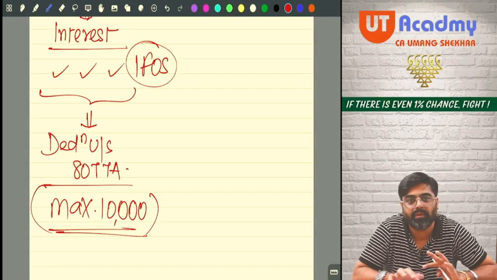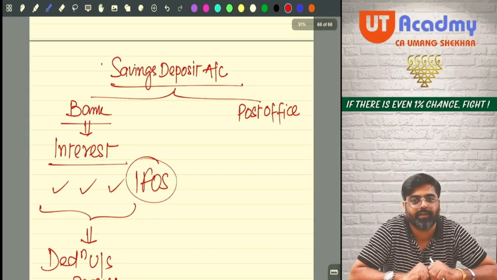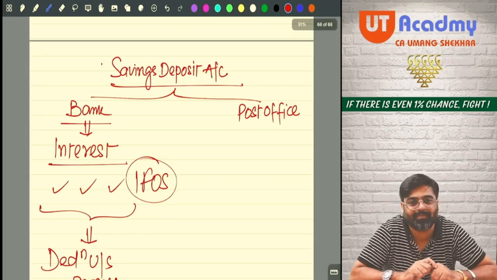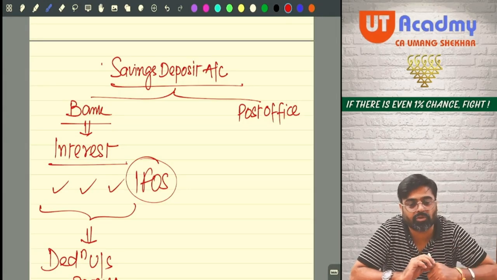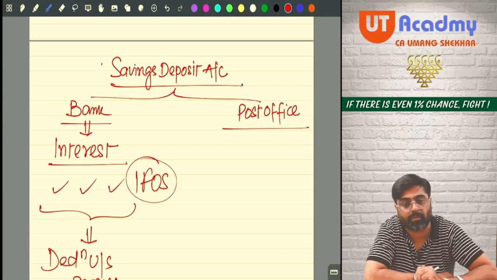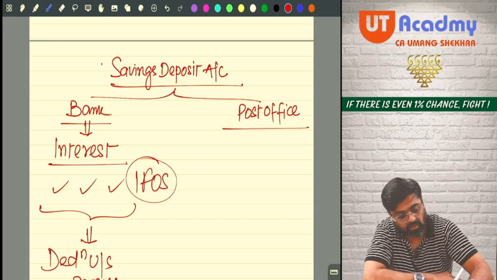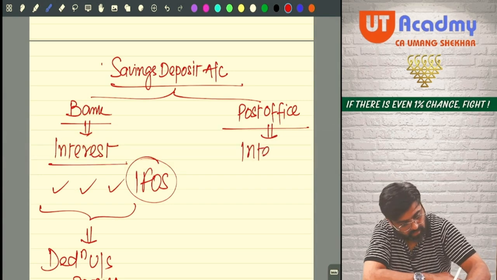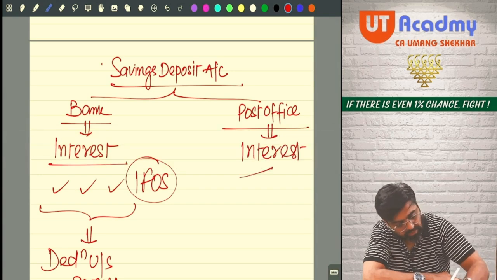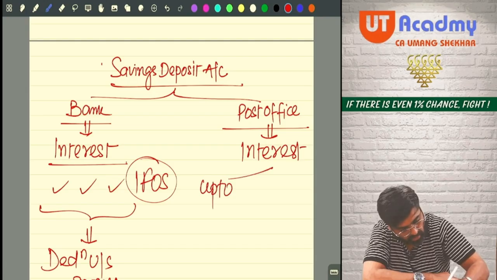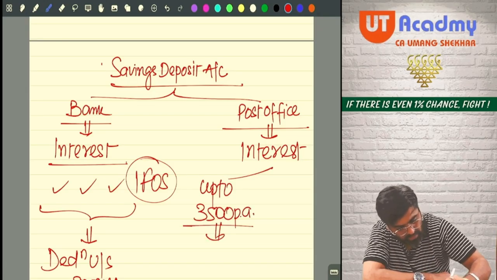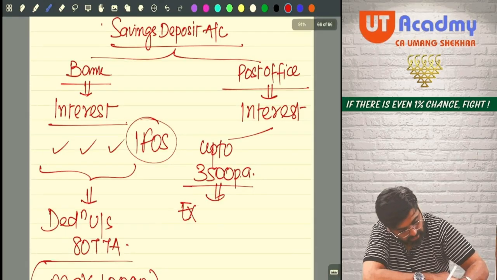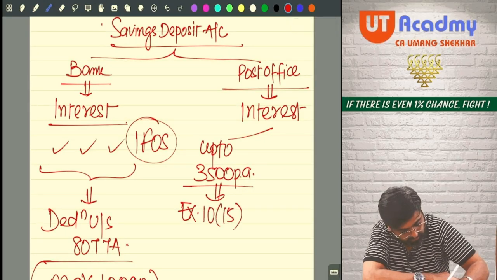Everyone? Now pay attention. I'm talking about the post office now. Can you keep a savings account in the post office? Sure. So on whatever savings account you keep in a post office, you will also get interest. Now, out of this interest, up to 3,500 per annum will be exempt interest under section 10(15).